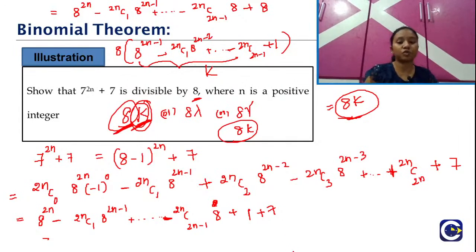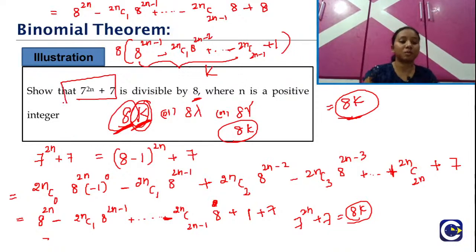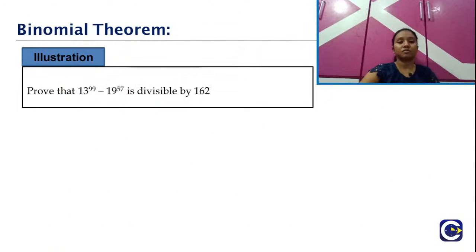So we have proved that 7 power 2n plus 7 is nothing but 8k, which means it is divisible by 8. Now I hope you are familiar with how to deal with this divisibility test using the binomial theorem. So let's move on to the next question.